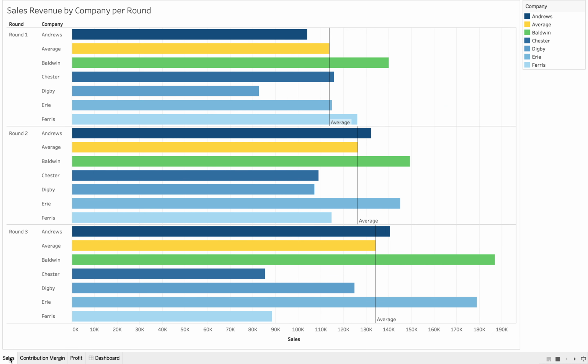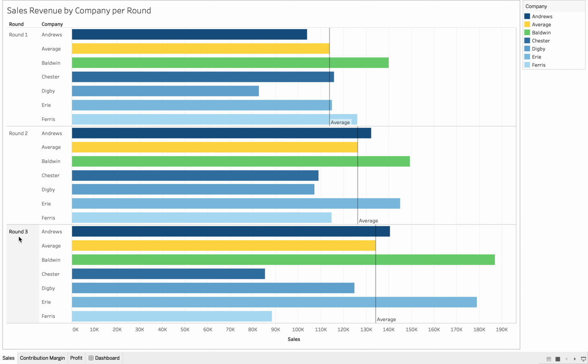So I started out by making this bar graph that represents sales revenue for each company, and I have it broken down into rounds, as you can see.